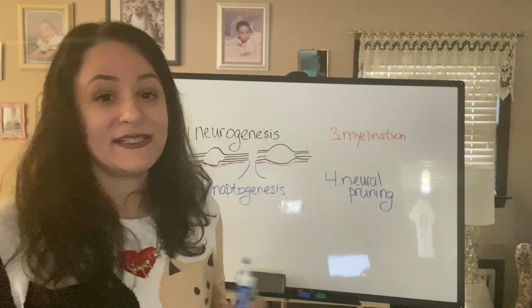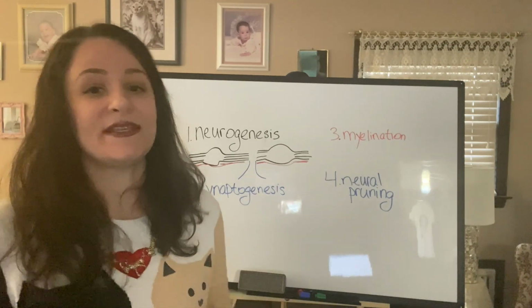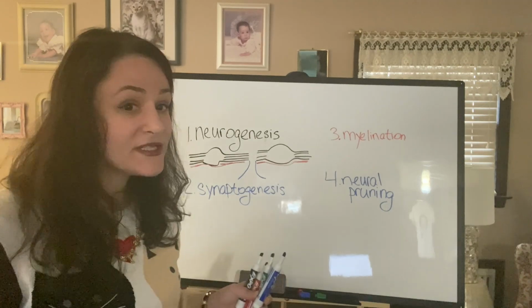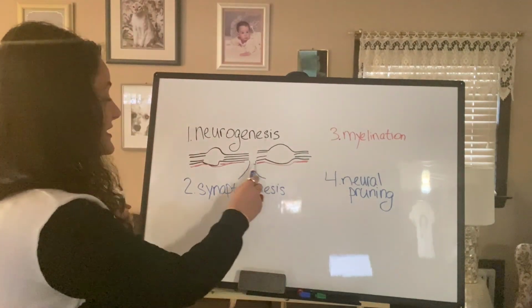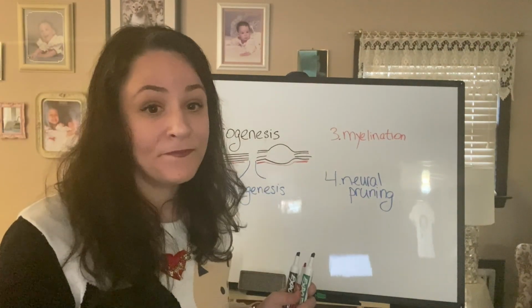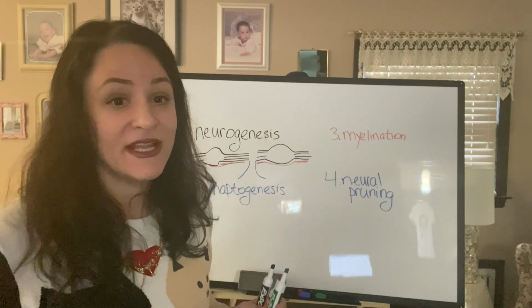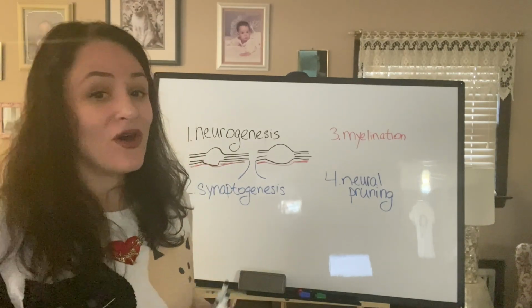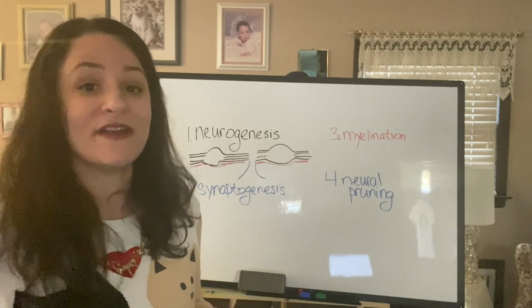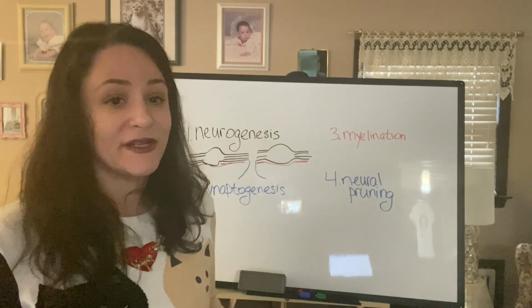Again, during these ages, those neural connections that are actively being used are being maintained and myelinated for more efficient transmission. And those neural connections that aren't really being used are eventually eliminated in neural pruning.